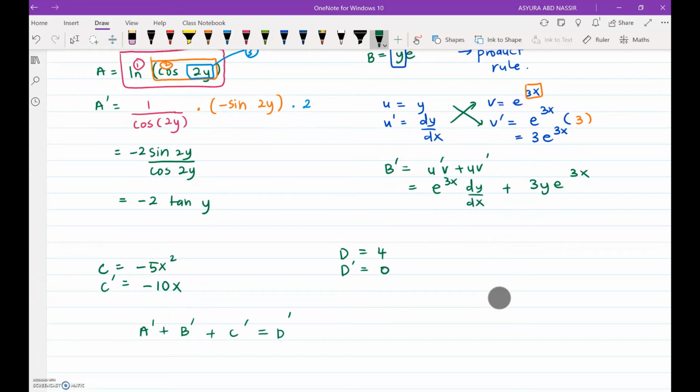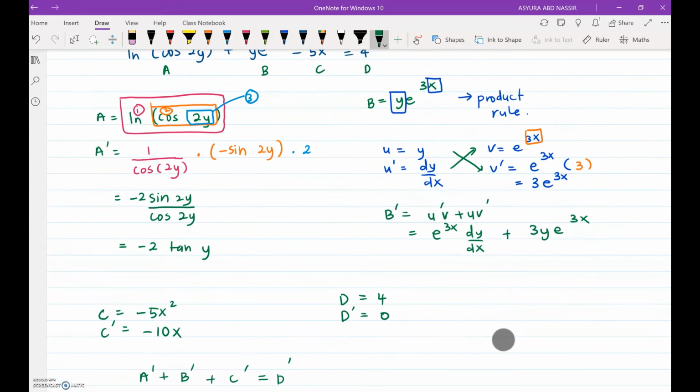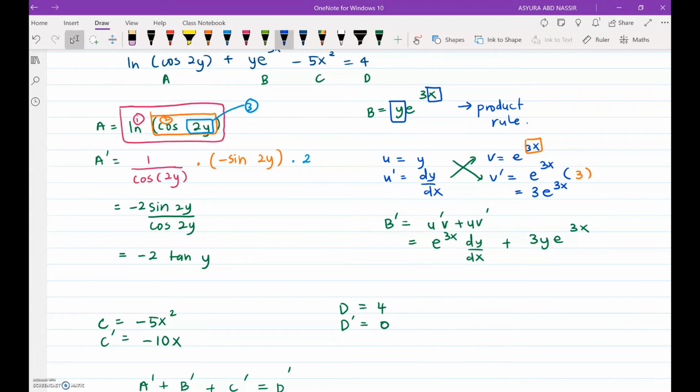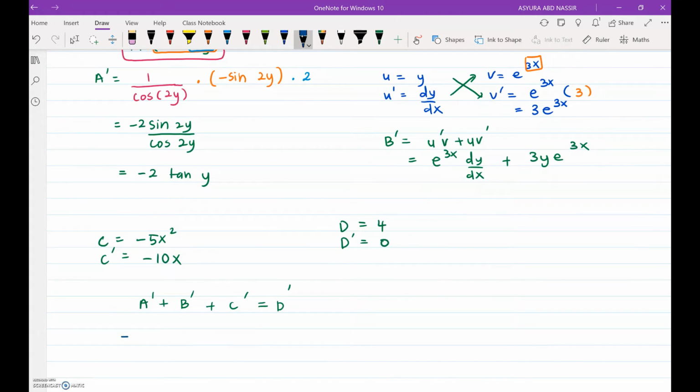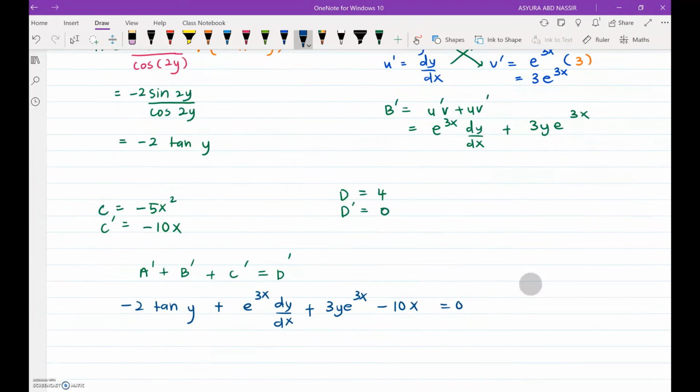Now what will be the answer? Your A prime is negative 2 tangent y. Your B prime will be plus e^(3x) dy/dx plus 3y e^(3x). And then your C prime is minus 10x, equals 0.